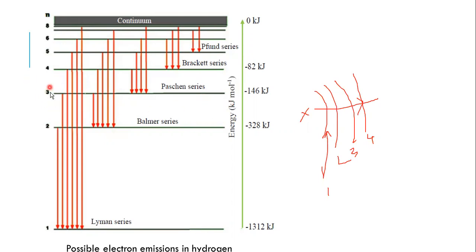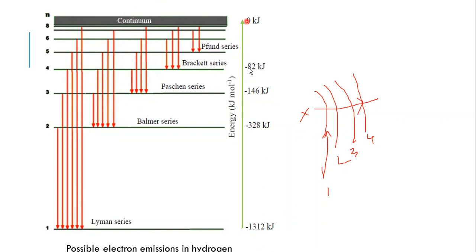Likewise, as the energy levels increase, the gap between these energy levels keeps halving. Finally, the gaps overlap. So this is how the energy levels are overlapping.